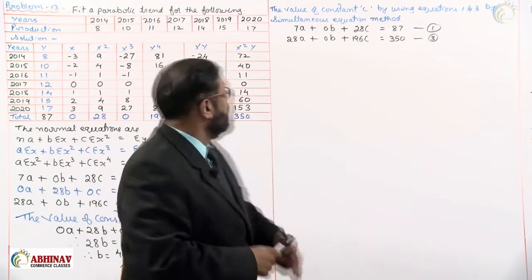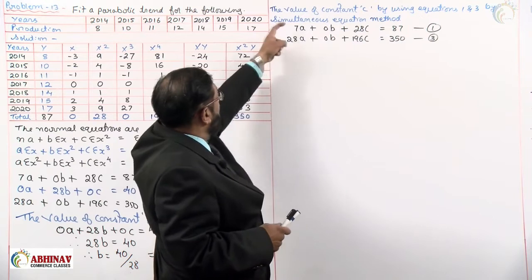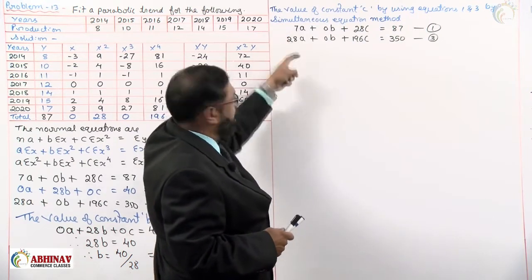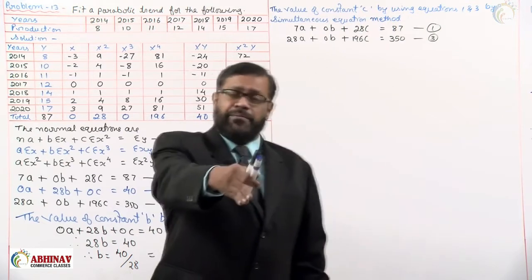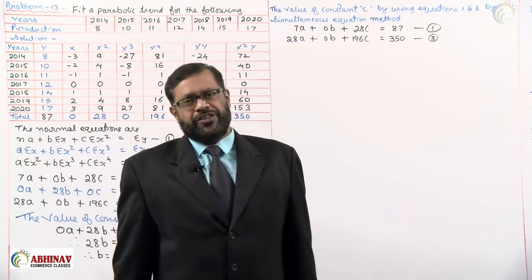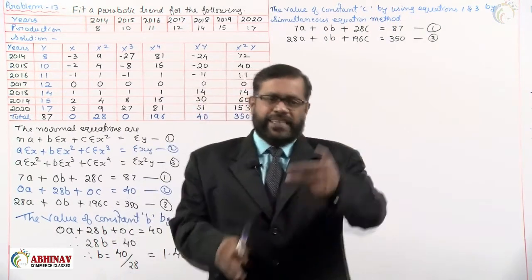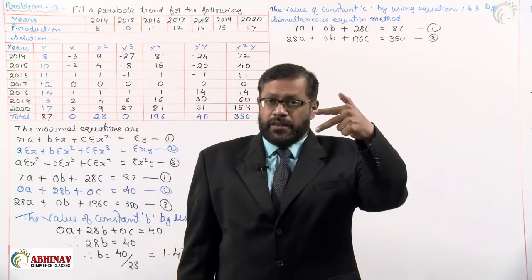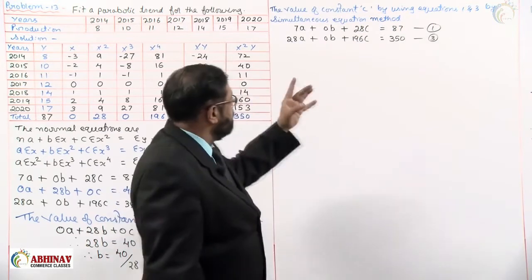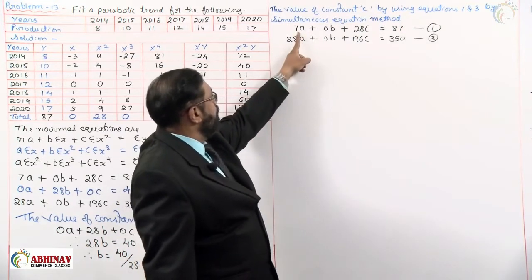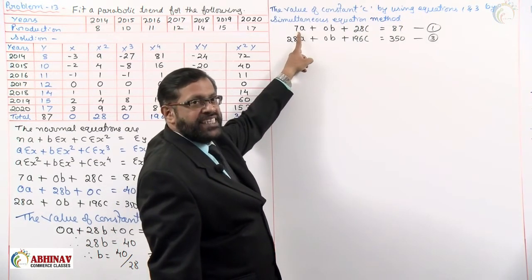Numbers are the same means what? It is either 7a, 7a, or 50a, 50a, or 100a, 100a. The numbers are not the same. So now we have to make the number the same by multiplying the equations in such a way that the a value becomes the same. Now the question is how to multiply. Very simple technique. What is the number of a in the first equation? 7.